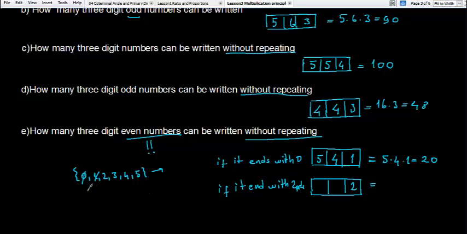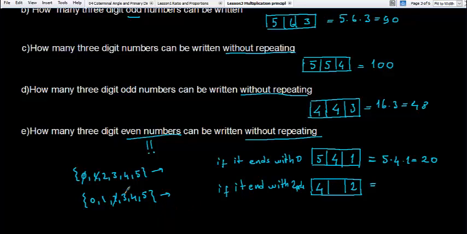Okay, for the second one, we have 0, 1, 2, 3, 4, and 5. If it ends with 2 or 4, let's say it's 2, so you have 5 digits left. But for the first one, again you cannot use 0, so 1, 3, 4, and 5 you can use. That's why there are 4 possible cases.